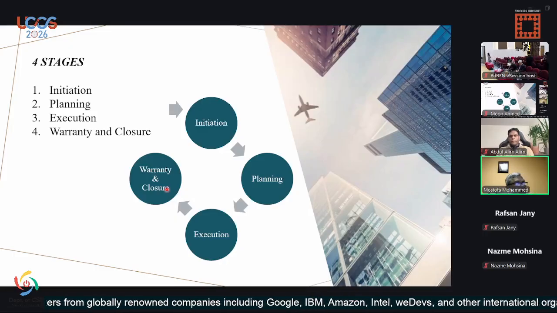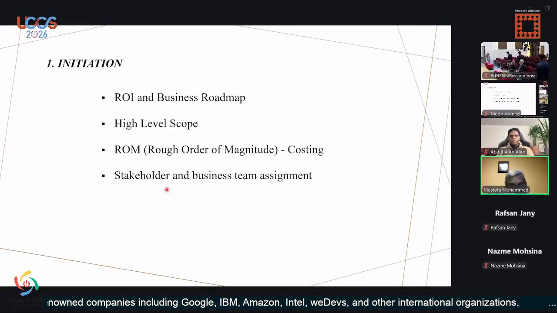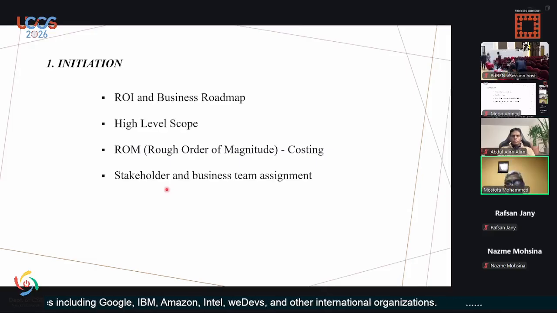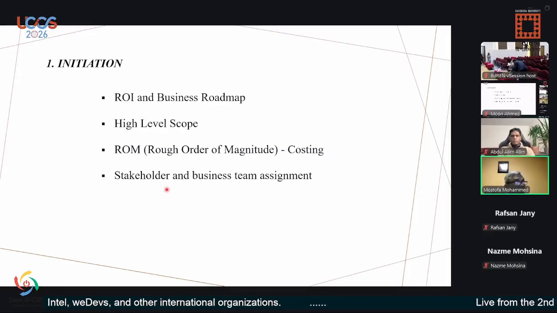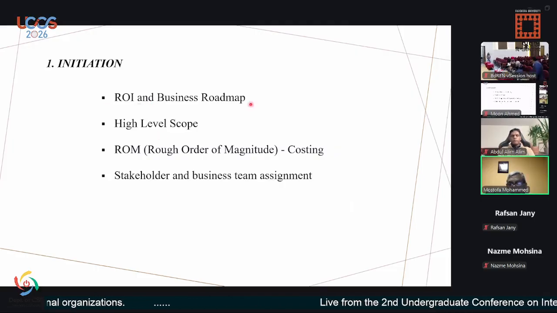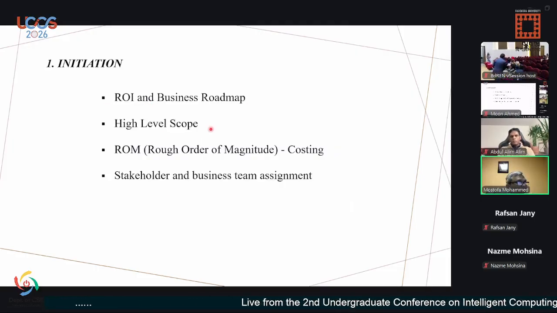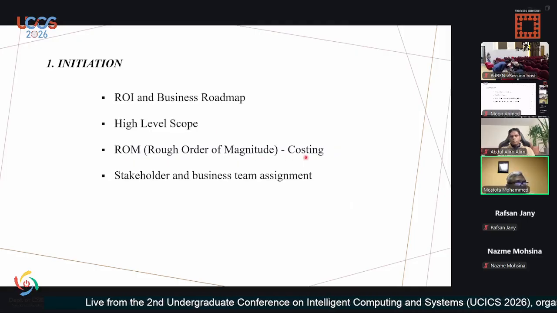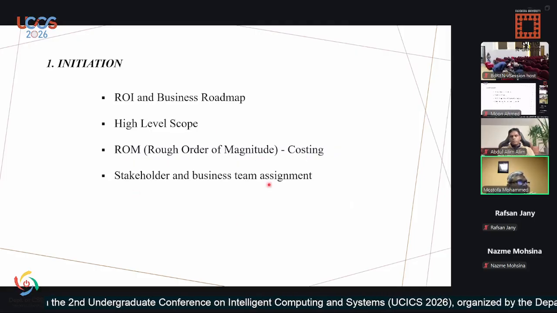Going to the next slide. When the initiation happens, what are the different tasks that occur in the initiation phase? The first is ROI and business roadmap, a high-level scope, a rough order of magnitude, which is the costing, and the stakeholder and business team assignment.